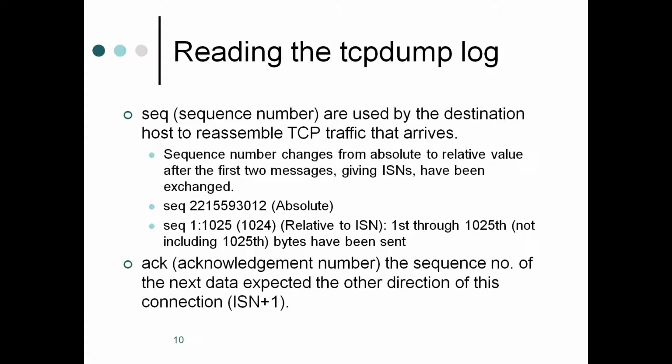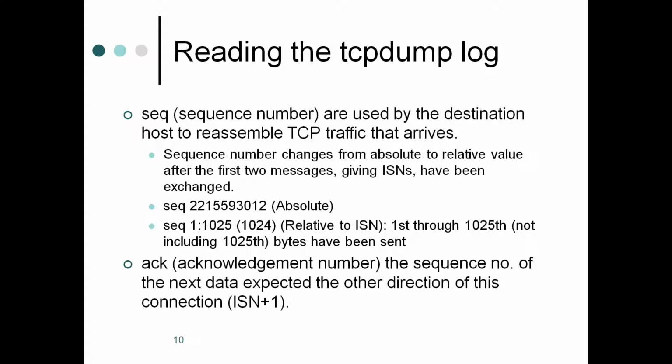The sequence number changes from absolute to relative value after the first two messages. If you look at this part, this is the relative sequence number. What it means is, if your first sequence number is, say, 2215, a long absolute sequence number, then it will become 123 like this. That means after I send the first sequence, it will be a relative sequence number on top of that.